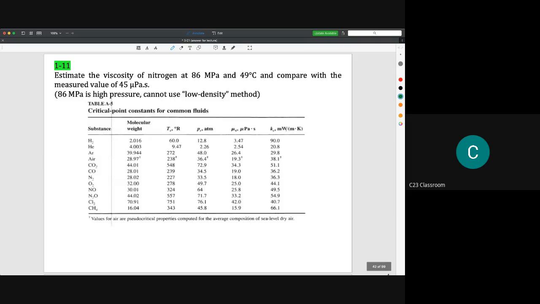Here, 1.11, we have nitrogen gas at 86 megapascal and a temperature of 49 degrees, and then we need to compare with the measured value of 45 micropascal second. So if we have nitrogen here, we get all the things here.